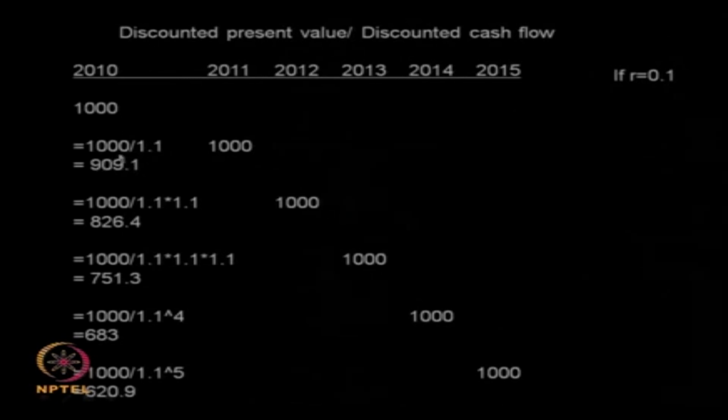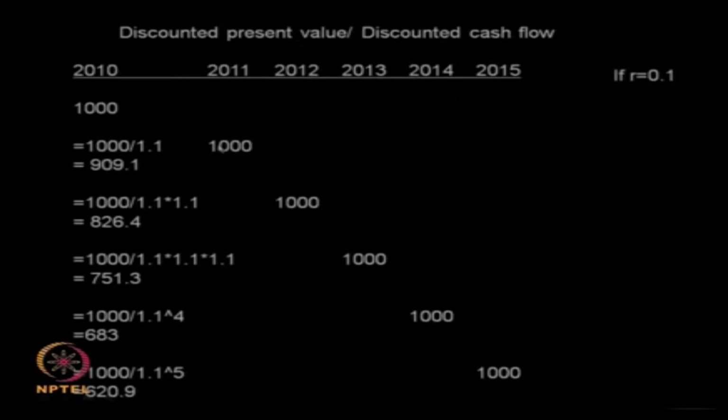So a 909.1 rupees today is equivalent to a 1000 rupees next year, or conversely a 1000 rupees next year is discounted to 909.1 this year.